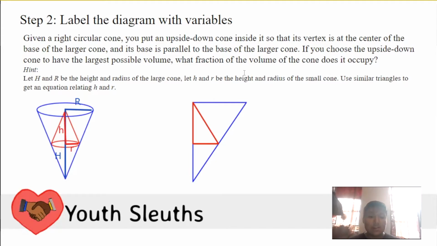But if we take a look here, the red triangle, we cannot prove that it's similar to the blue triangle. So what we have to do is find another triangle that we could substitute so that it's similar to the blue triangle. If we have a look here, we have this triangle right here.